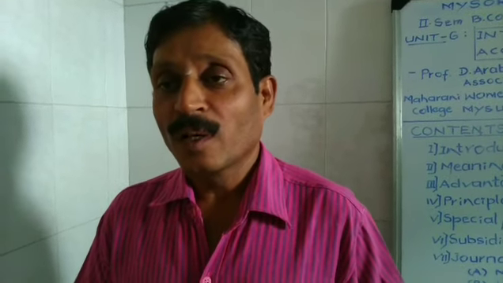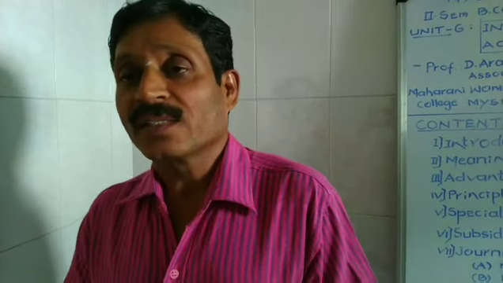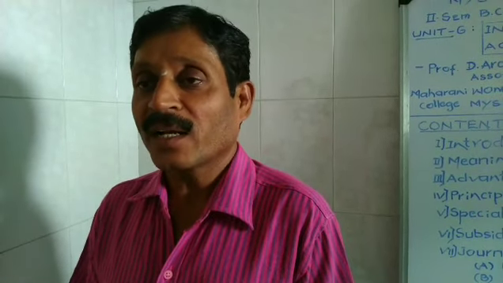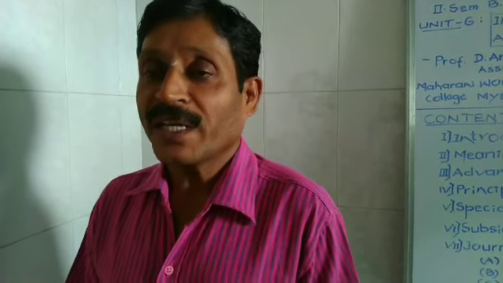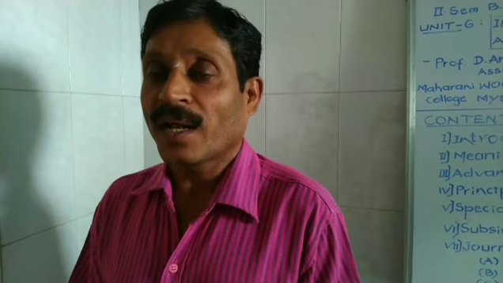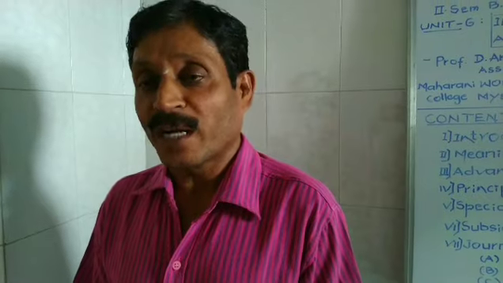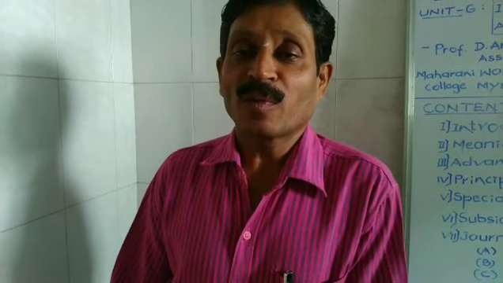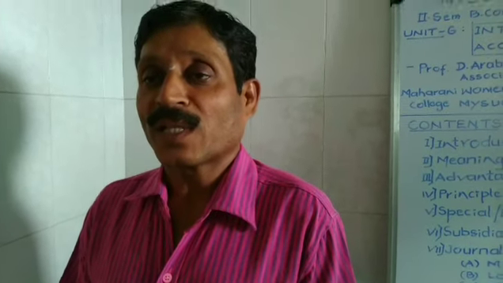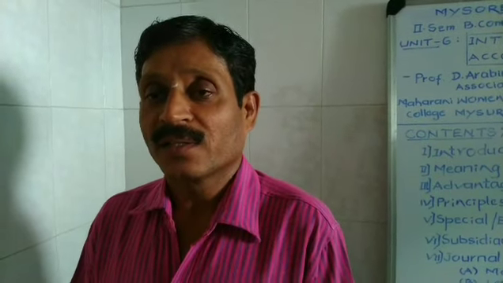Next principle, professional knowledge and skill. Both financial accounting and cost accounting do need the professional knowledge, skill, ability and application for better performance, and for that purpose we have to decide the principle of professional knowledge and skill.